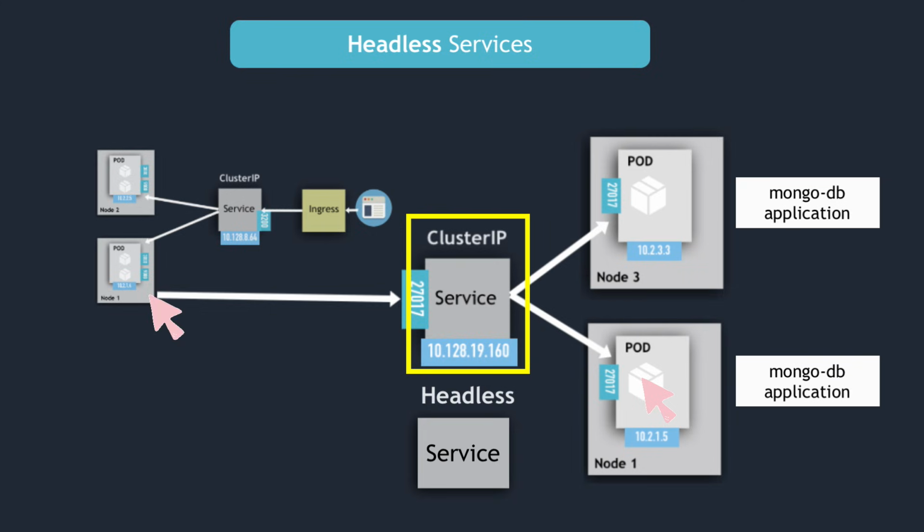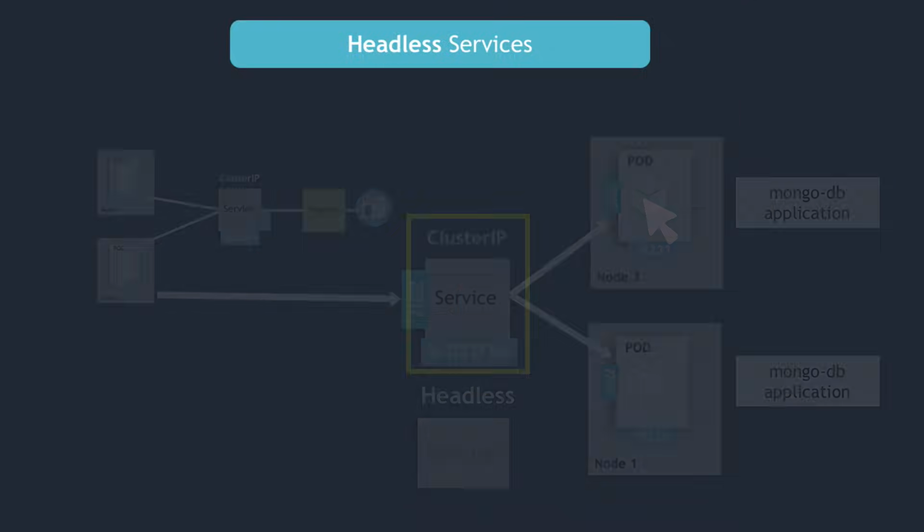So this can do the usual load balancing stuff for this kind of use case, and for use cases where a client needs to communicate with one of those pods directly, like a master node directly to perform the write commands, or the pods to talk to each other for data synchronization, the headless service will be used for that.